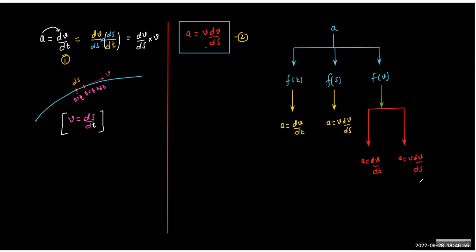Now when we write the acceleration in this format, format number 2, this way of writing acceleration is called tangential acceleration. We'll come to know this later on, because you can see this acceleration is pushing you in the direction of motion.